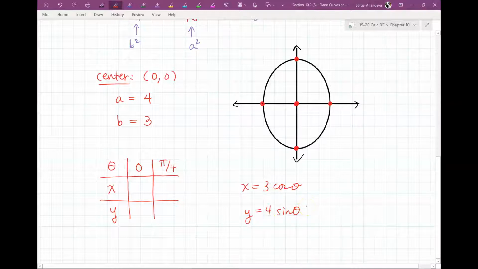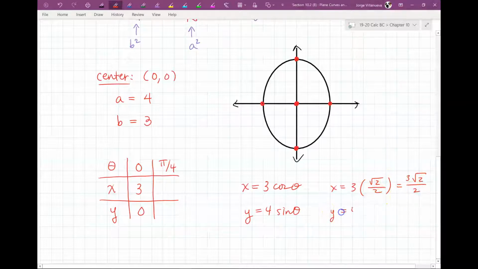If I plug in a 0 into x, that gives me a 3, and a 0 into y gives me a 0. So my first point is the point 3 comma 0. It's already marked there. Then if I plug in a pi over 4, that makes it 3 times cosine of pi over 4, which is radical 2 over 2, so 3 radical 2 over 2.